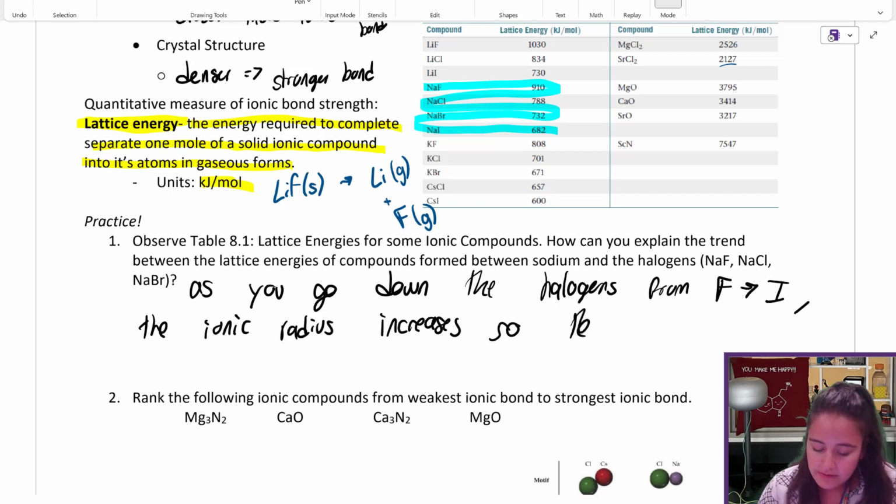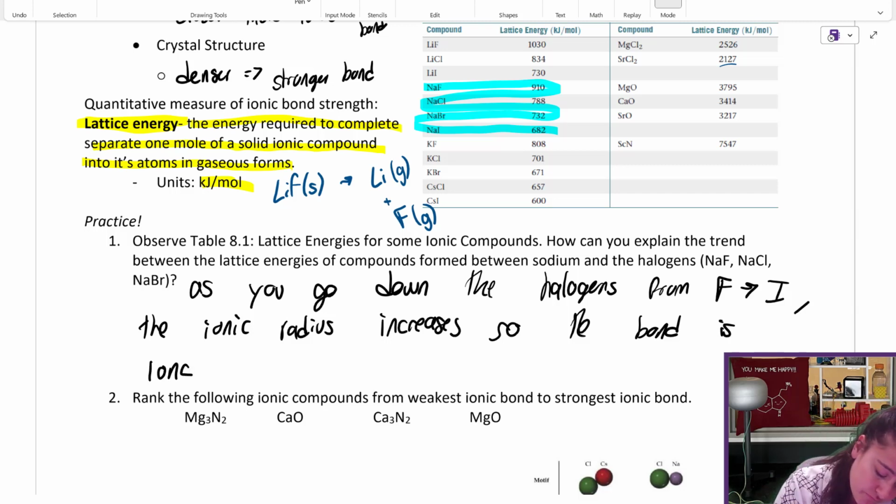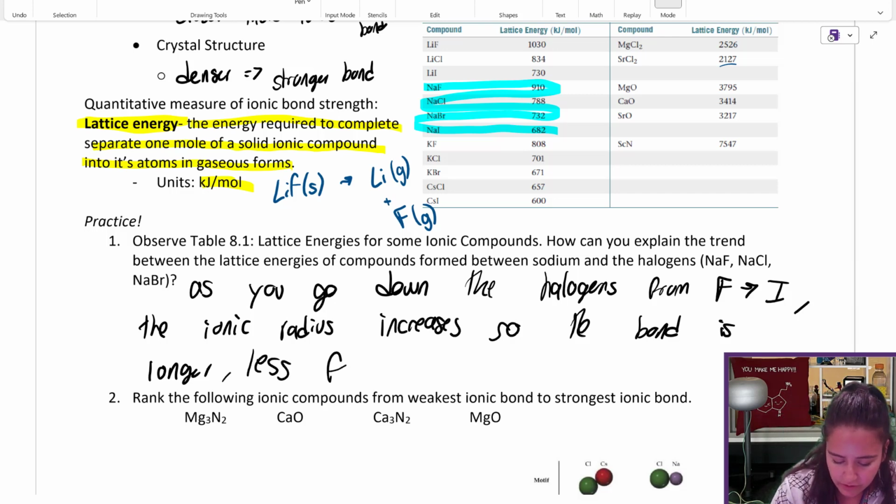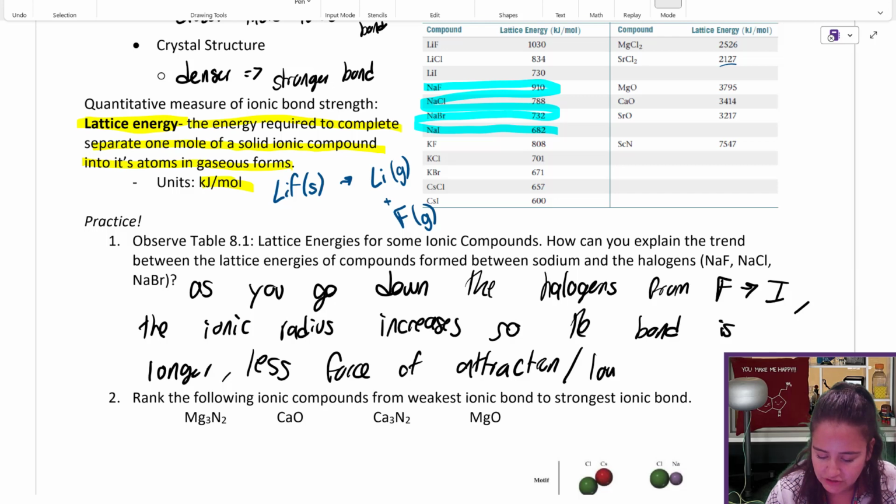So the bond is longer, farther distance, which means less force of attraction and lower lattice energies.